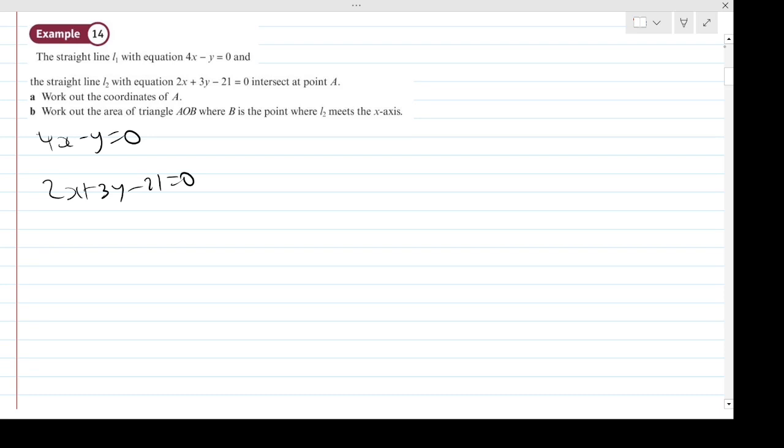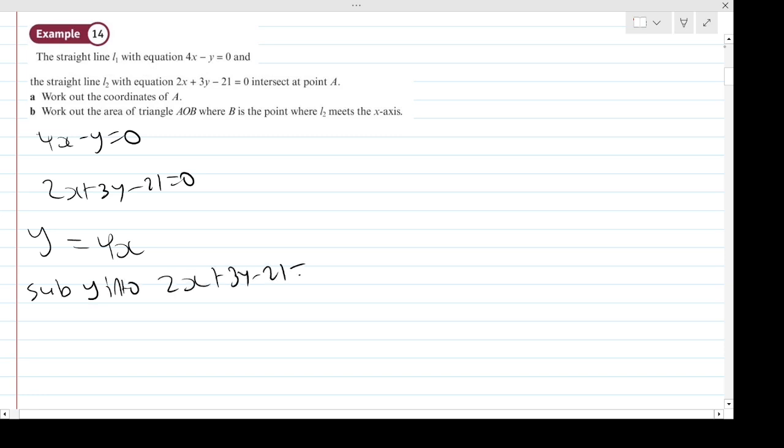So if I rearrange the first equation here, that means y would equal 4x, right? If I add y to both sides. Well, then I can substitute it in. So I'm going to sub y into the other line equation, 2x plus 3y minus 21 equals 0.